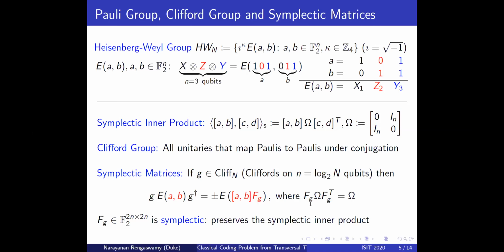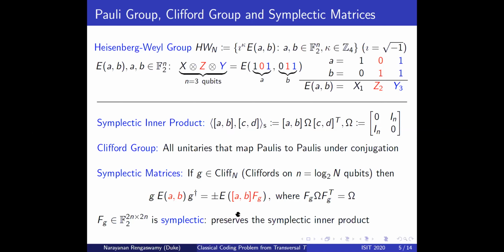So F_G is a symplectic matrix, which is a binary symplectic matrix of size 2n by 2n. And this condition means that it preserves this inner product. So before and after the transformation, the structure of the group is preserved.